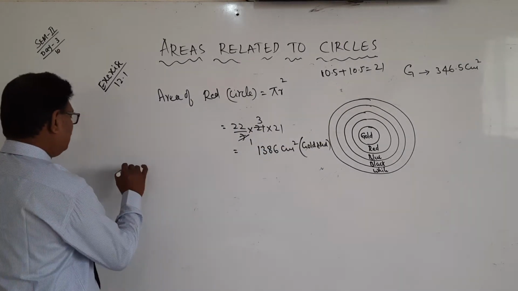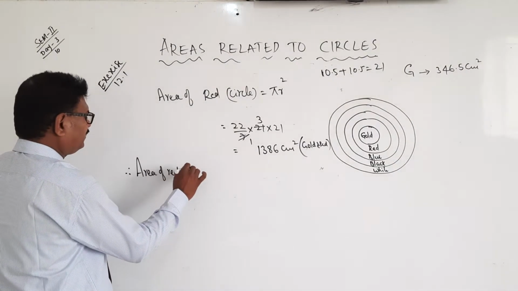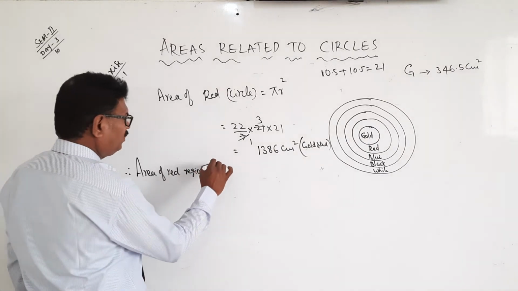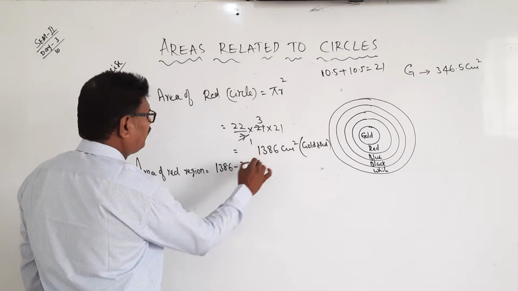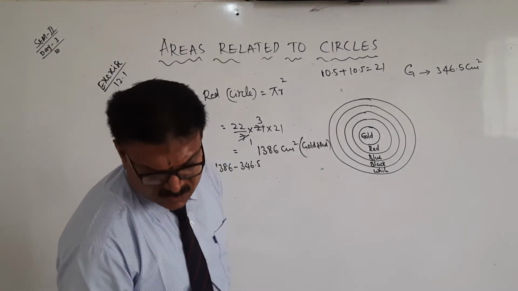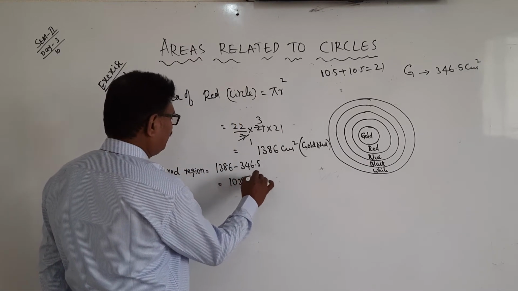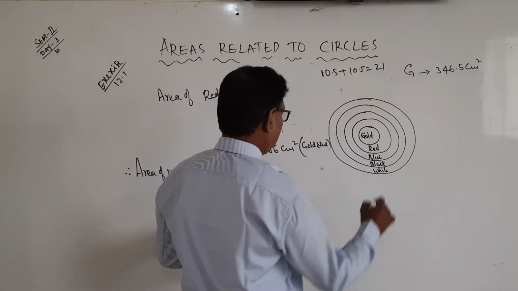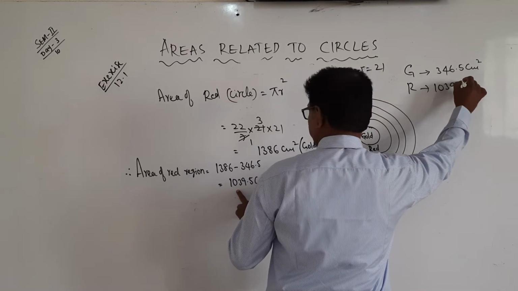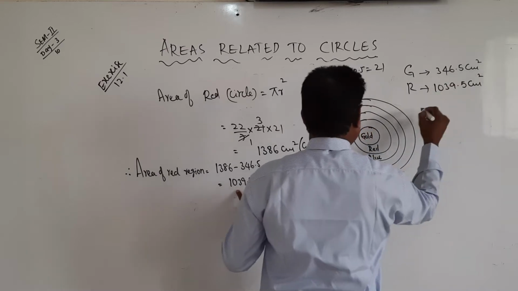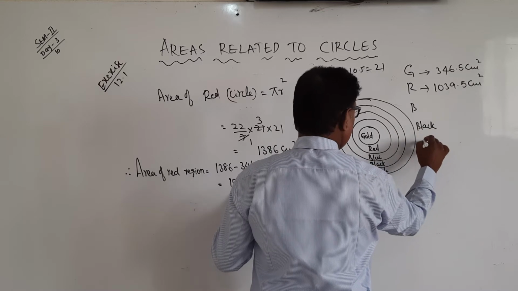Therefore the area of the red region is equal to 1386 minus 346.5. So how much is it? It comes around 1039.5 centimeter square. Therefore red is 1039.5 centimeter square. Next one blue, next one black, and next one white.